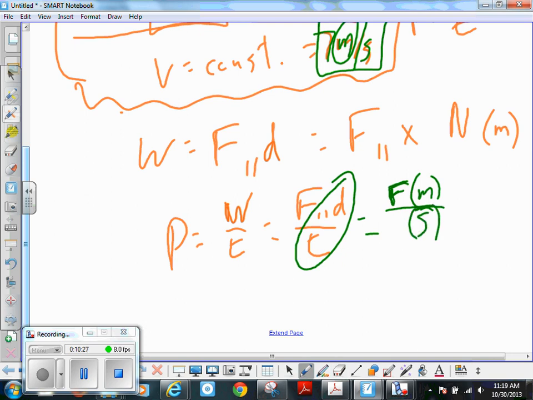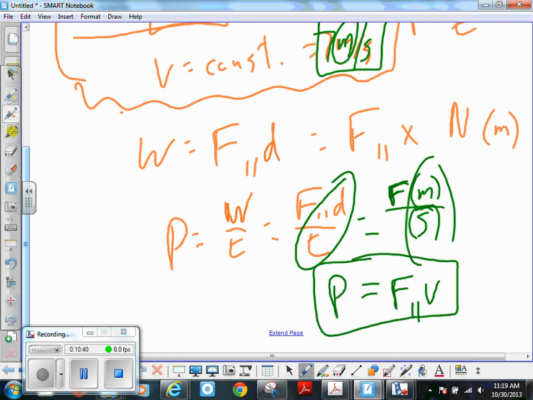Or you could say m over s is what? V, right? So power can equal force times parallel velocity. And that's our second formula that you get for power. Any questions?